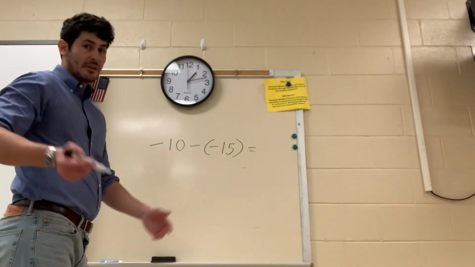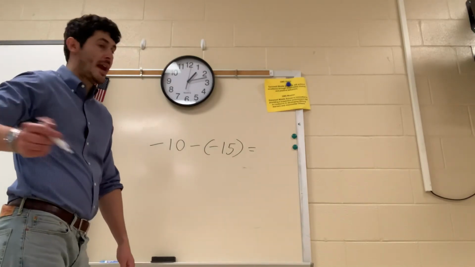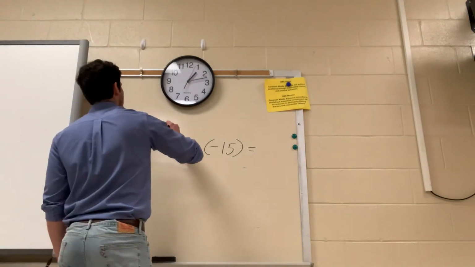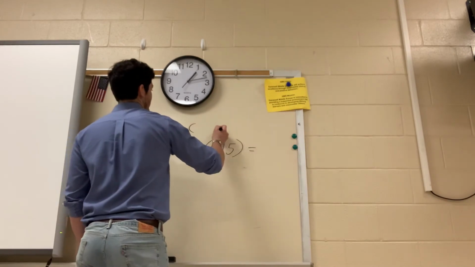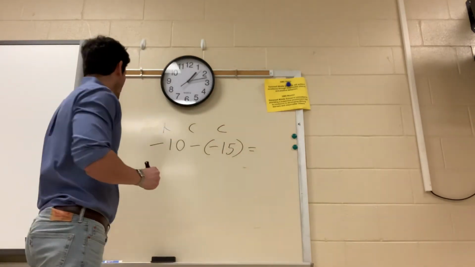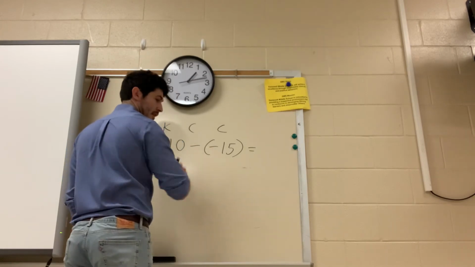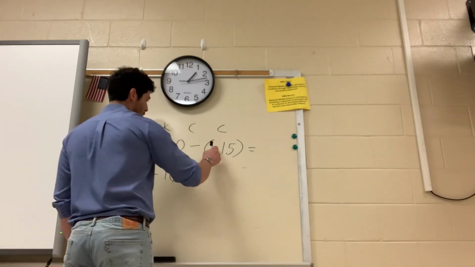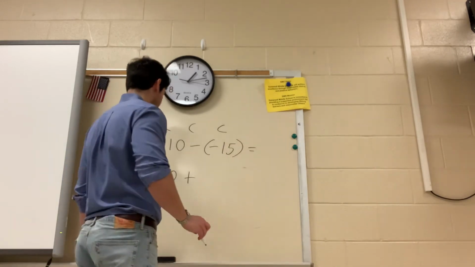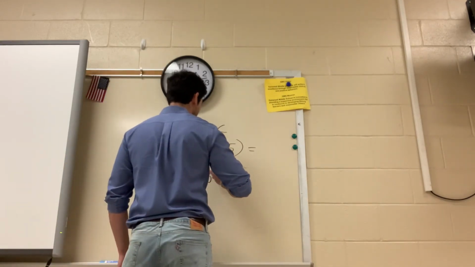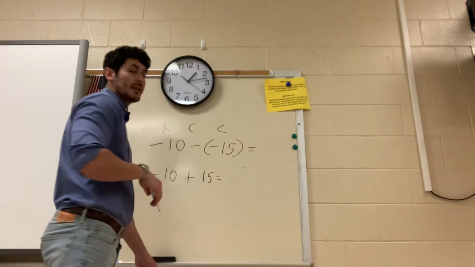You see subtraction, you automatically think keep, change, change. So I'm going to keep my negative 10. I'm going to turn this into a plus, and I'm also going to turn this into a positive. So you end up with negative 10 plus 15.